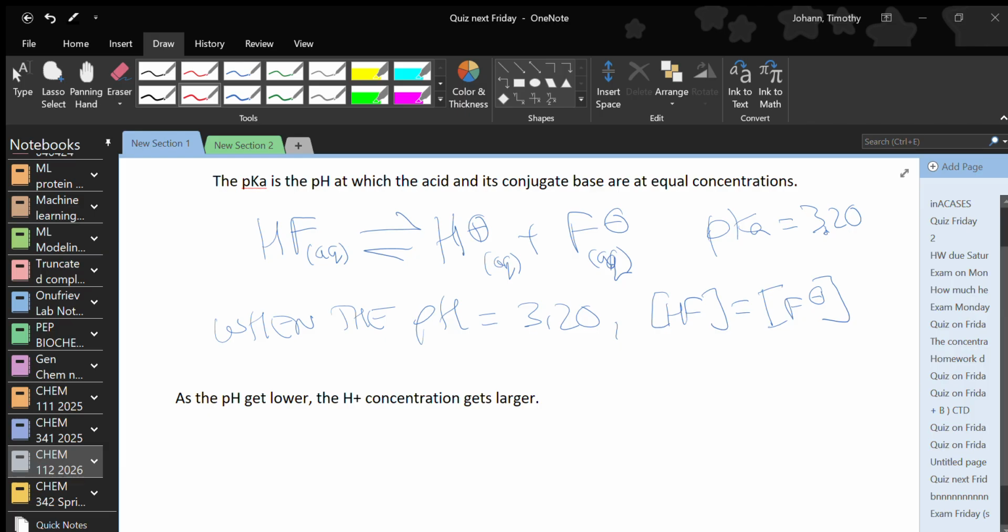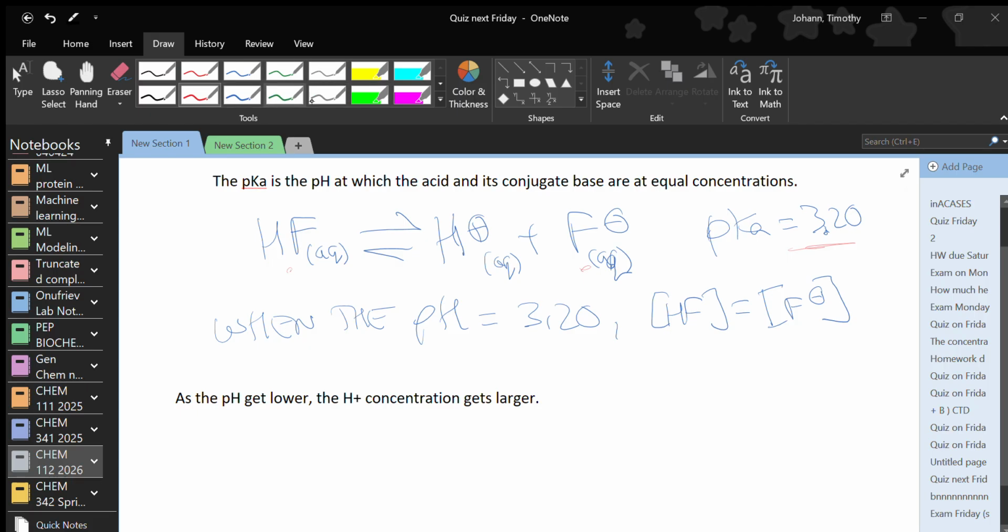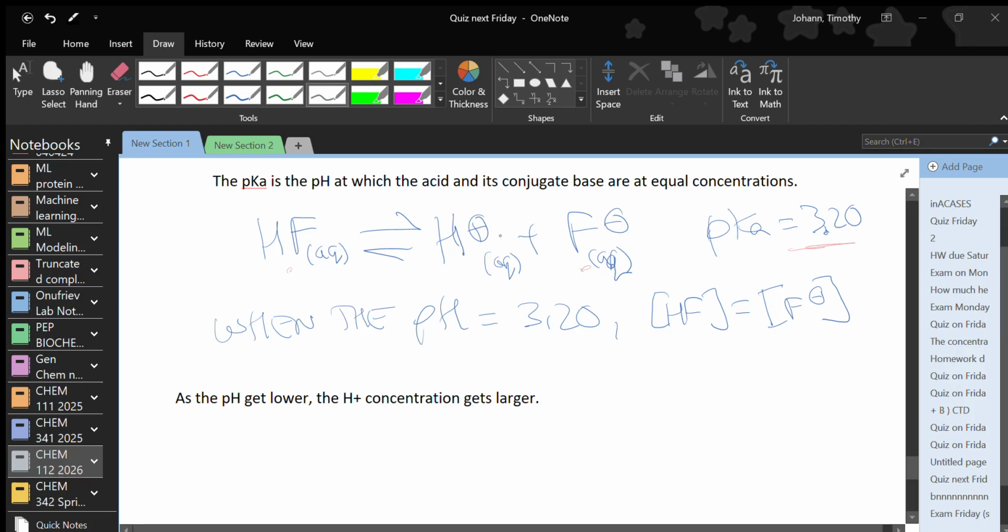All right. So what I want to say is, when the pH is equal to the pKa, when these two things are equal, what happens if I make it more acidic? So I drop the pH, and this goes up. Which way does my equilibrium shift?